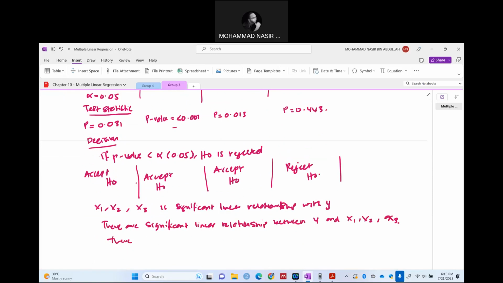The p-value is more than 0.05. Oh, sorry, it's reversed. Yes, I was confused. This is a reject.